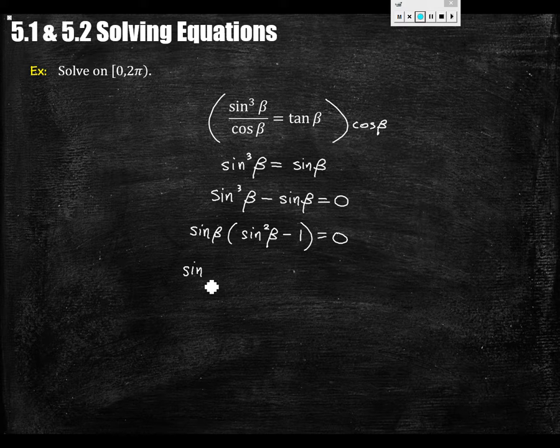So sine beta is 0, or we get sine squared beta is 1. We already solved this problem. We get 0 or pi. Over here, what's going on there? Sine squared beta is, remember, sine of beta, all squared. So how would you proceed here?